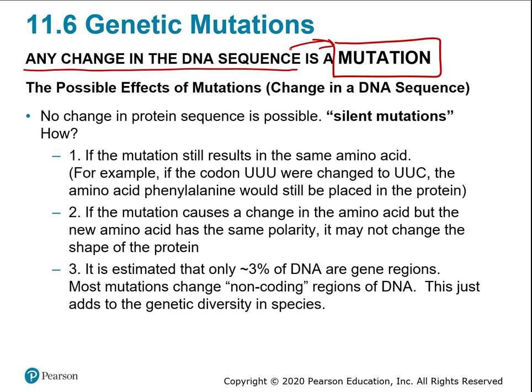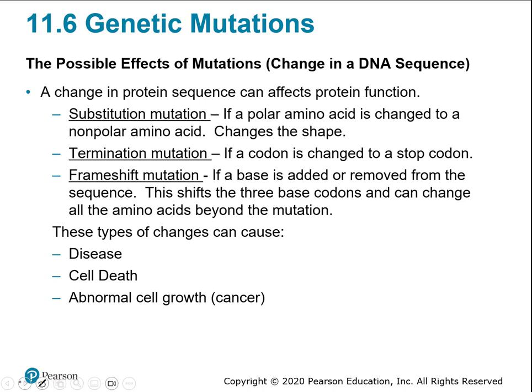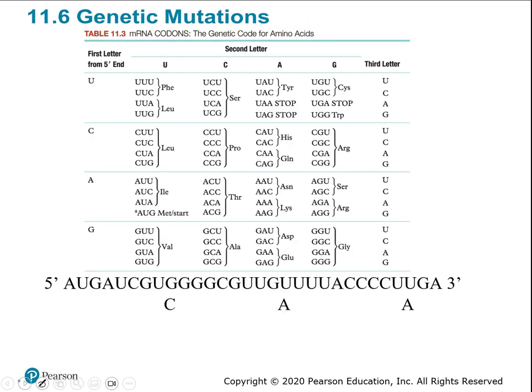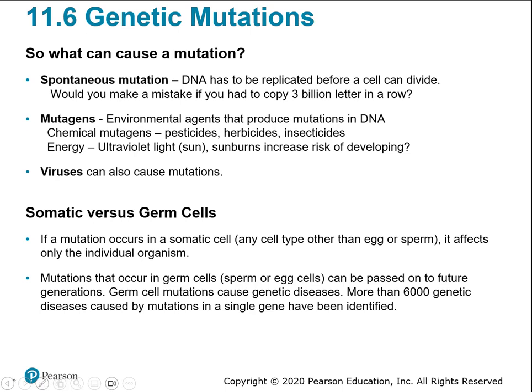So one question is like, well, how do mutations happen? What can cause a mutation? So one is they can be spontaneous. Mutations can just happen. And one of the times this happens is when DNA gets ready to divide.